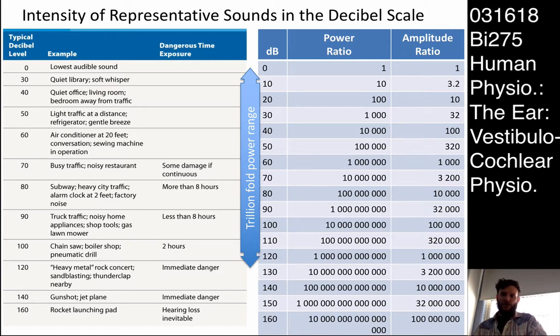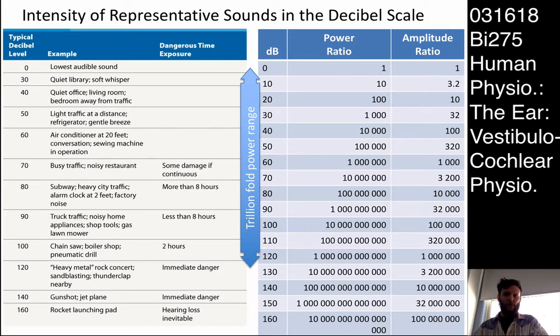So, for example, 10 decibels is 10 times the power of 0 decibels. So 0 is not no vibration at all. 0 on the decibel scale is described as the lowest audible sound, the quietest possible sound that you can hear, that you say, oh, I hear a sound. 10 times that is 10 decibels. 100 times that is 20 decibels.